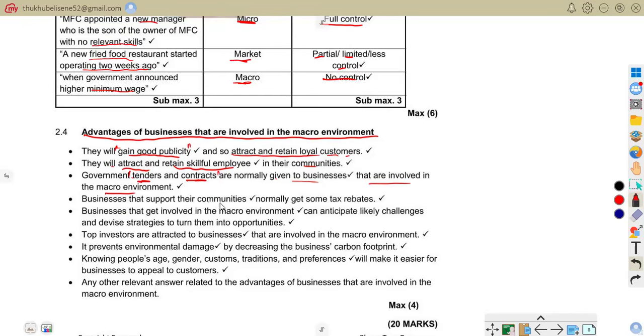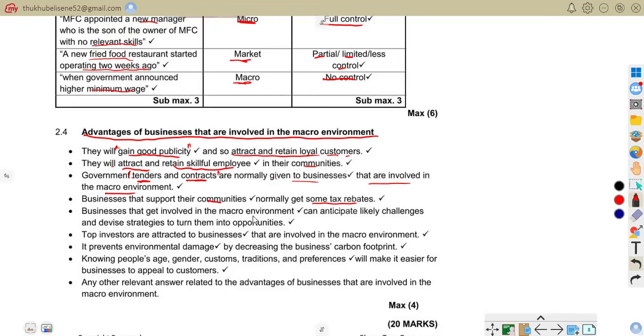Businesses that support their communities normally get some tax rebates. So that's that. The business that supports the community normally gets some tax rebates. That is the benefit that they're going to get. Hope we are together on that.